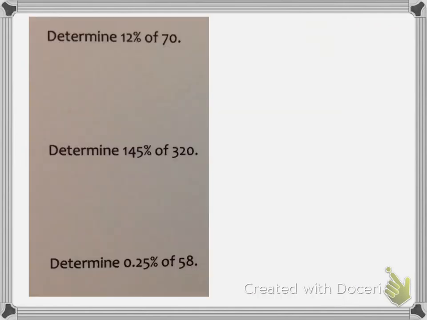Let's try a few other problems. Determine 12% of 70. Well, we are going to use our formula, P over 100 times of equals is, and we need to plug in the numbers that were given, but how do we figure out what goes where? Well, 12 is the percent, so 12 is going to be the P that we put over the 100.